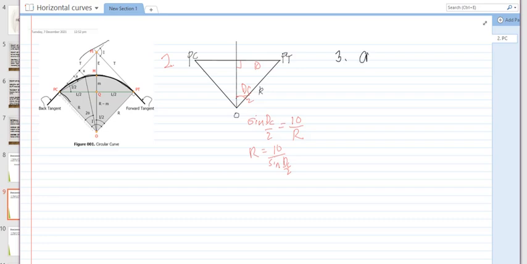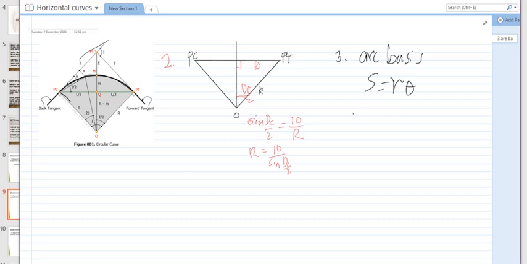So this is arc basis, using 20 meters. This arc is 20 meters. So the formula is what? S is equal to R times the angle.